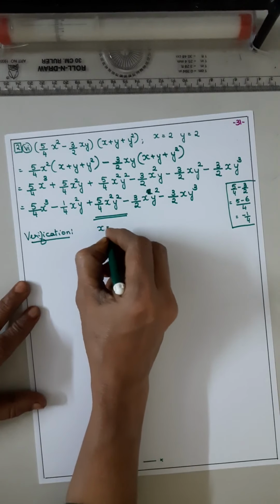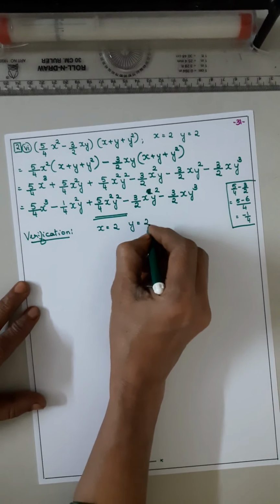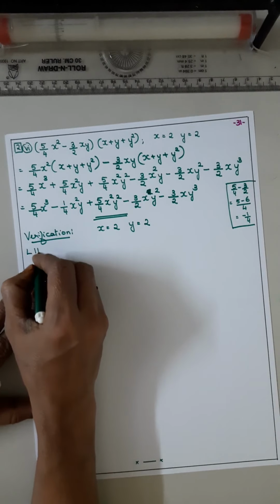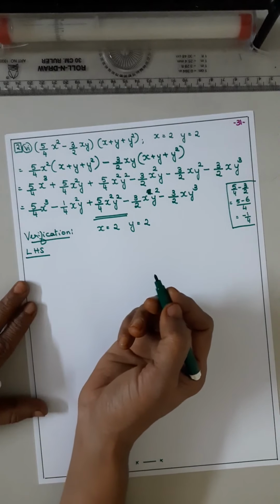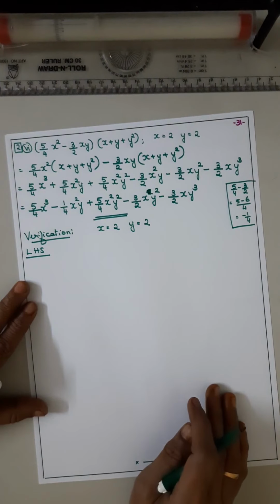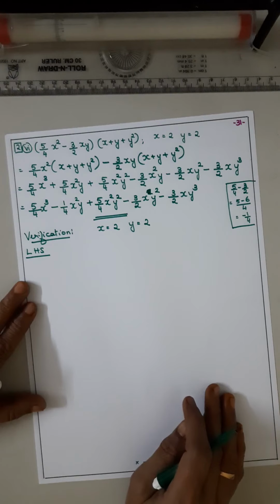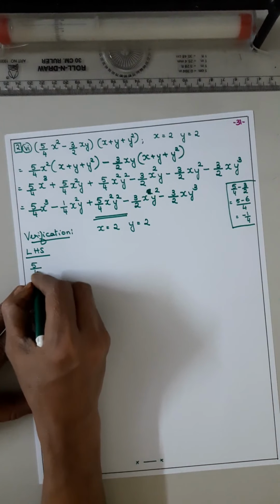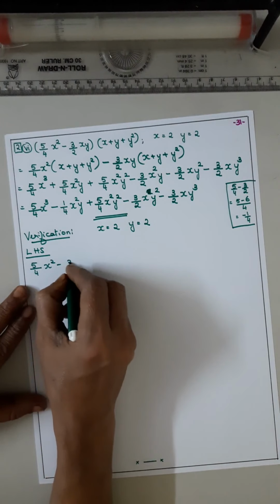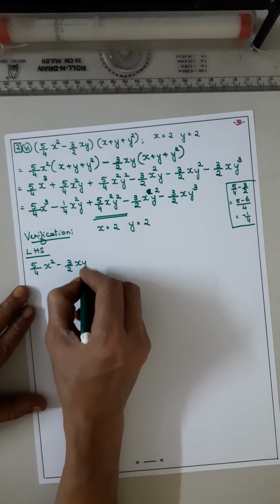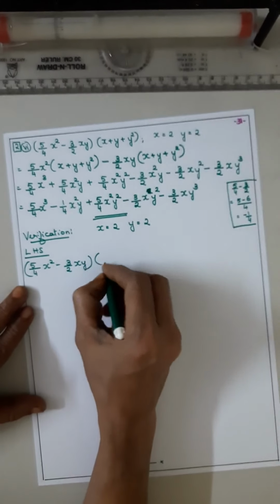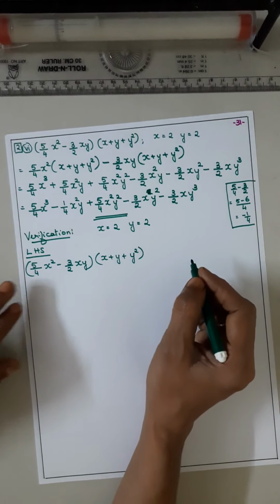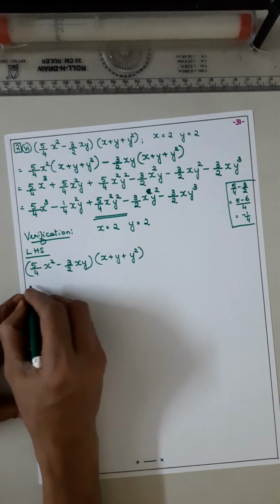It is x is equal to 2, y is equal to 2. Now LHS, write the question. 5 by 4 x squared minus 3 by 2 xy within the bracket x plus y square. Okay, put the values.